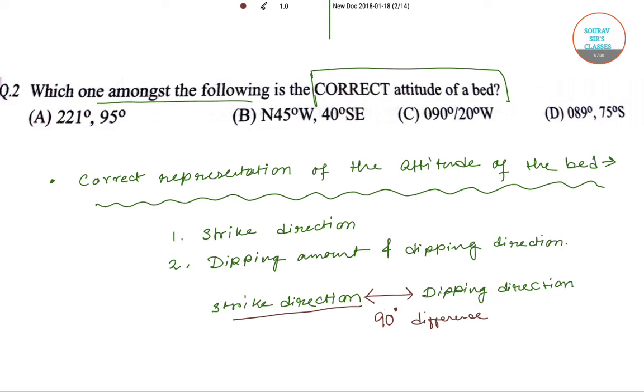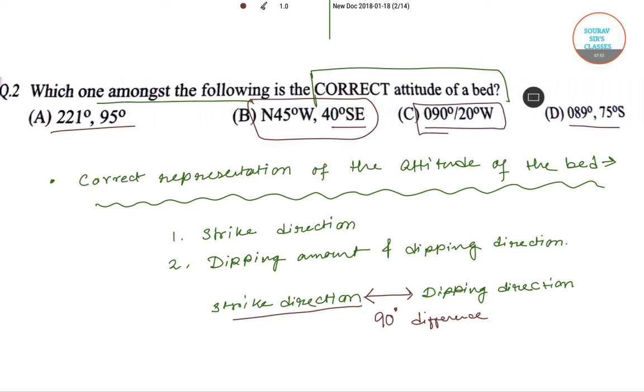Now here we have options like 221 degree, 95 degree, 45 degree west, and 40 degree southeast, and we have 90 degree and 20 degree west.